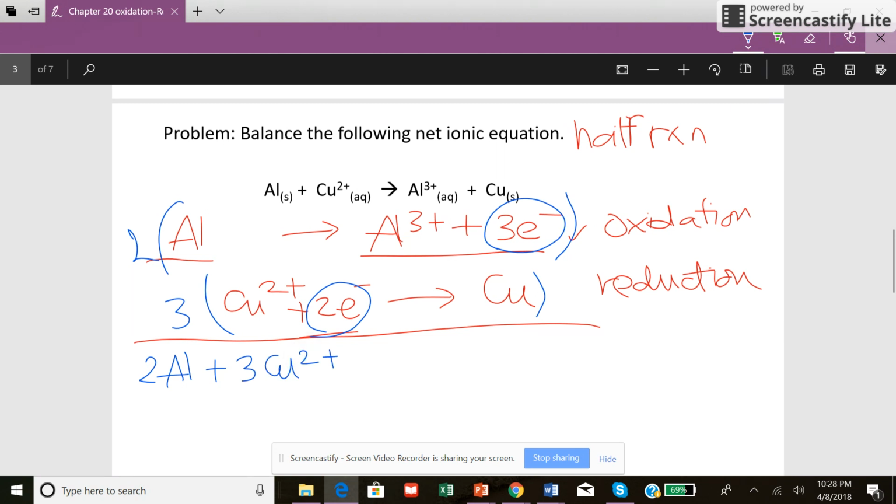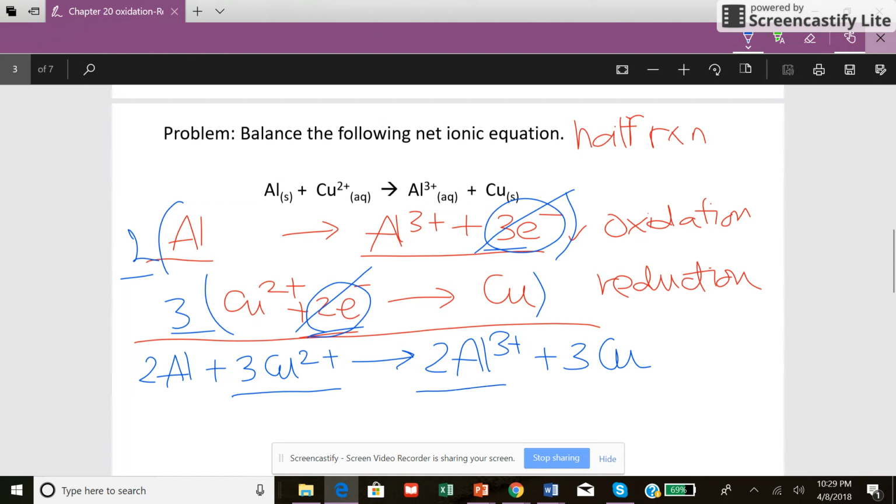You have 6 electrons on this side and 6 on this side. They cancel each other out, and it produces 2 aluminum ions and 3 copper solid. You can see that the net charge on this side is 6 positive as well as on the right side. So that's another one.